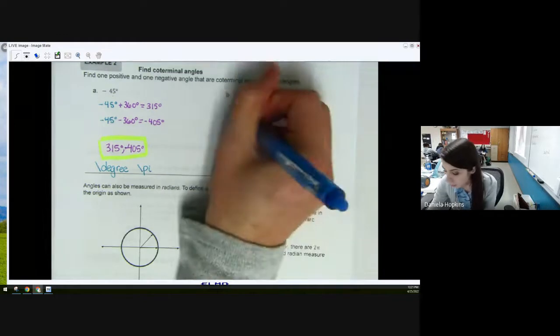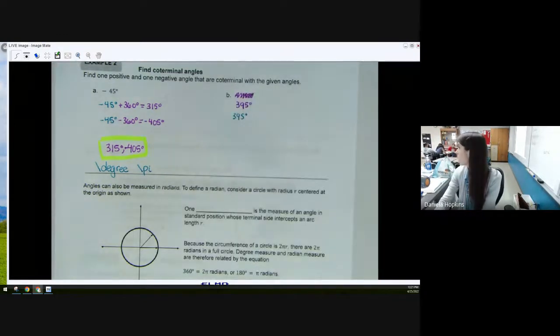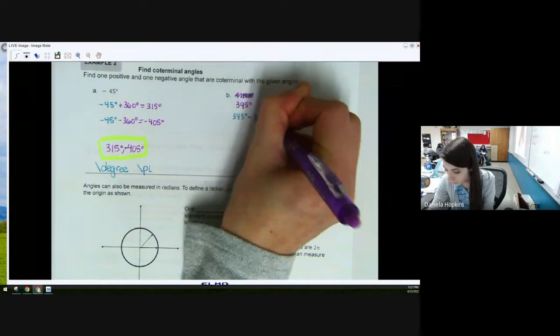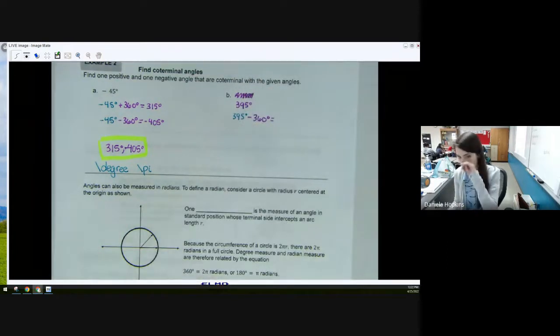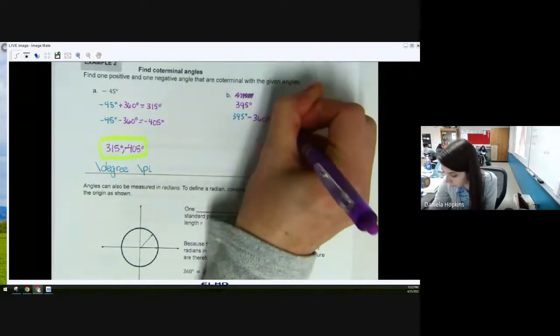So technically, you could take this 395 and you could totally add 360 to it, and that would be coterminal. I'm going to subtract, though, because I want something smaller. I want really at least one that's between 0 and 360. I'd like to know one coterminal angle like that. So if you do that, you get 35 degrees.